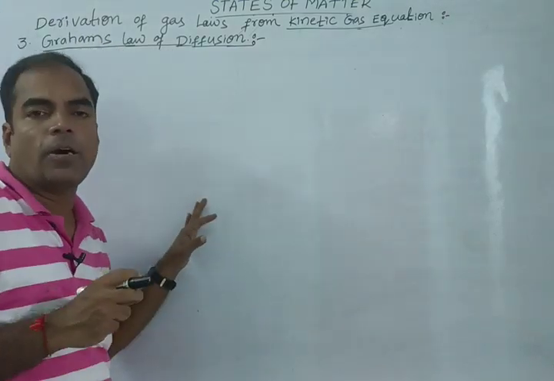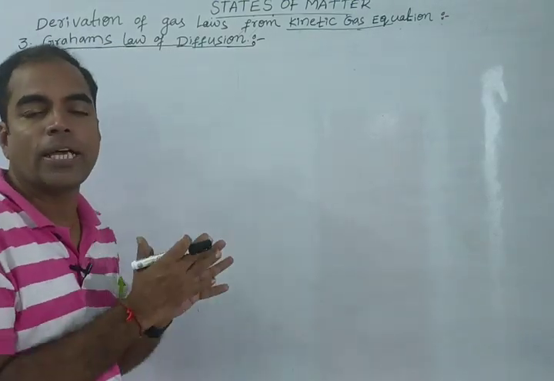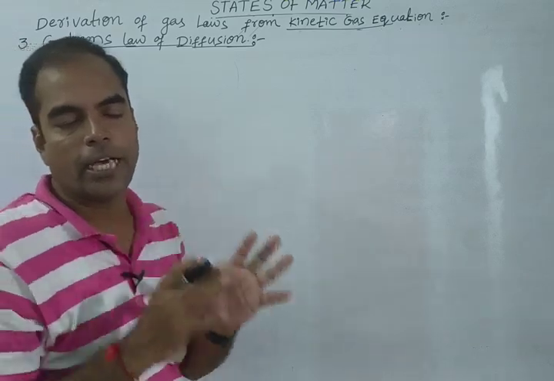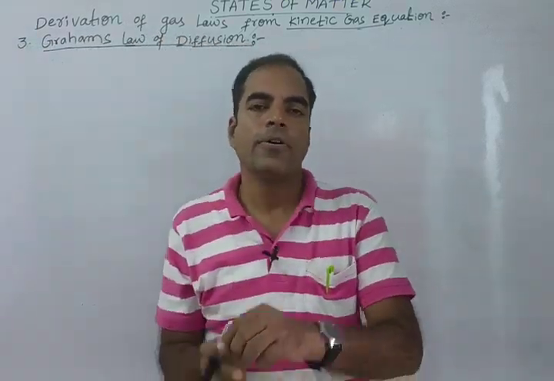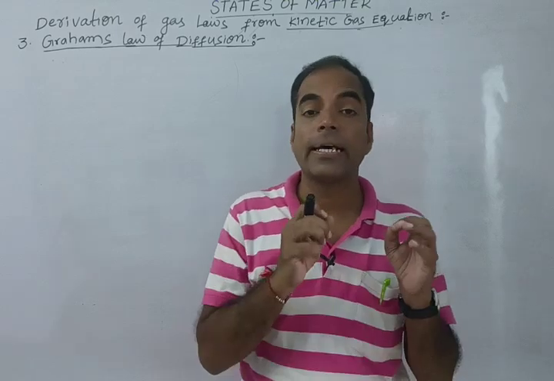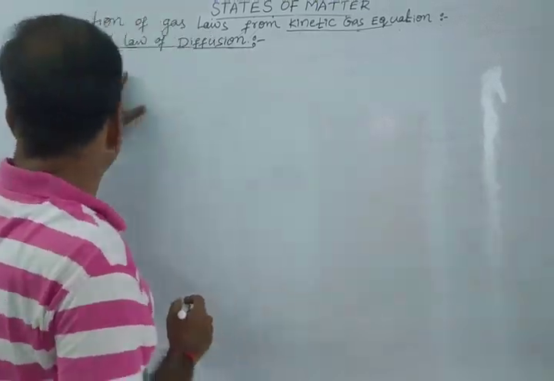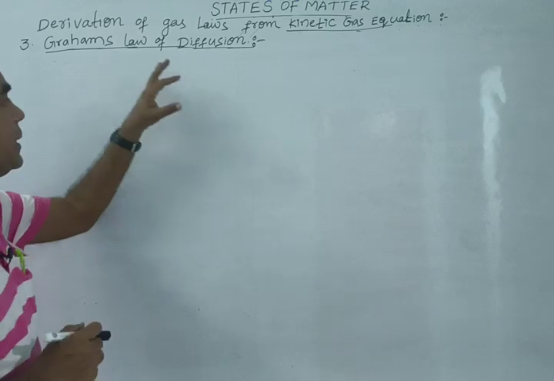The number of gas molecules that diffuse per unit time is known as the rate of diffusion.